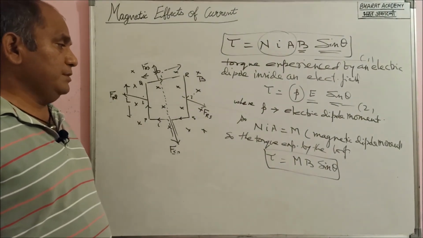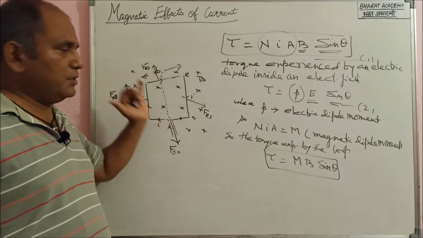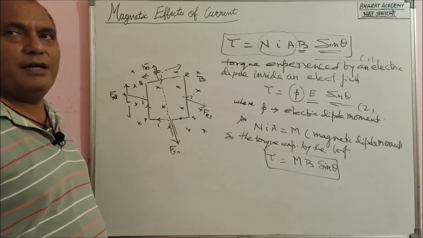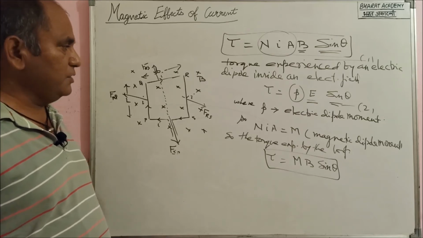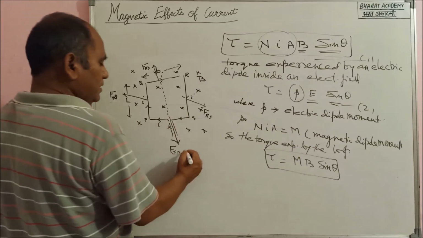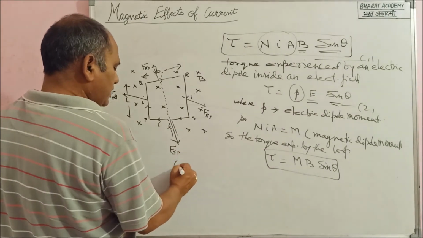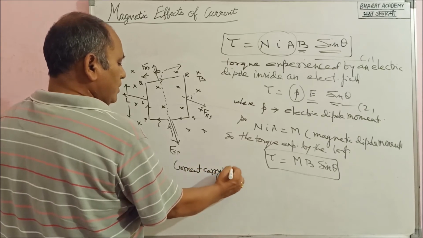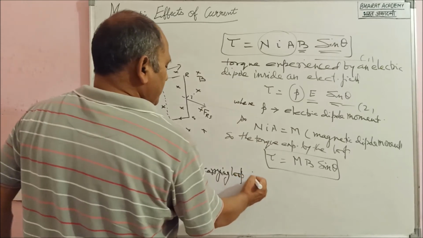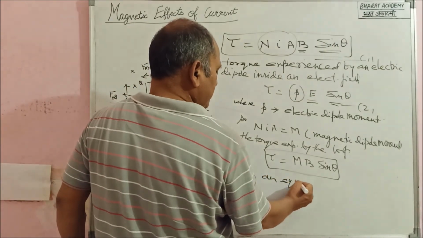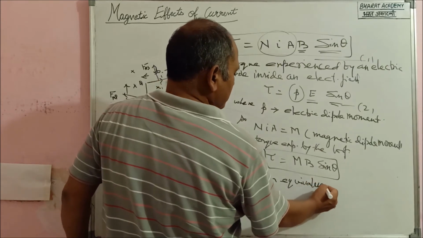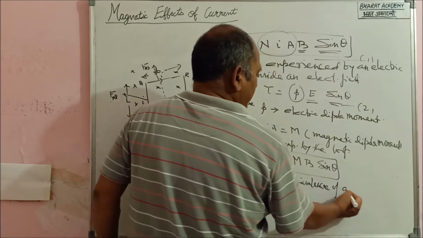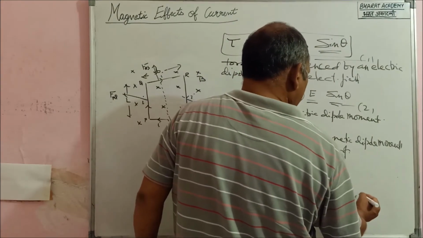It means what? This current carrying rectangular loop is just an equivalence of a magnetic dipole, as it was an electric dipole. So we can say this current carrying loop is an equivalence of a what?